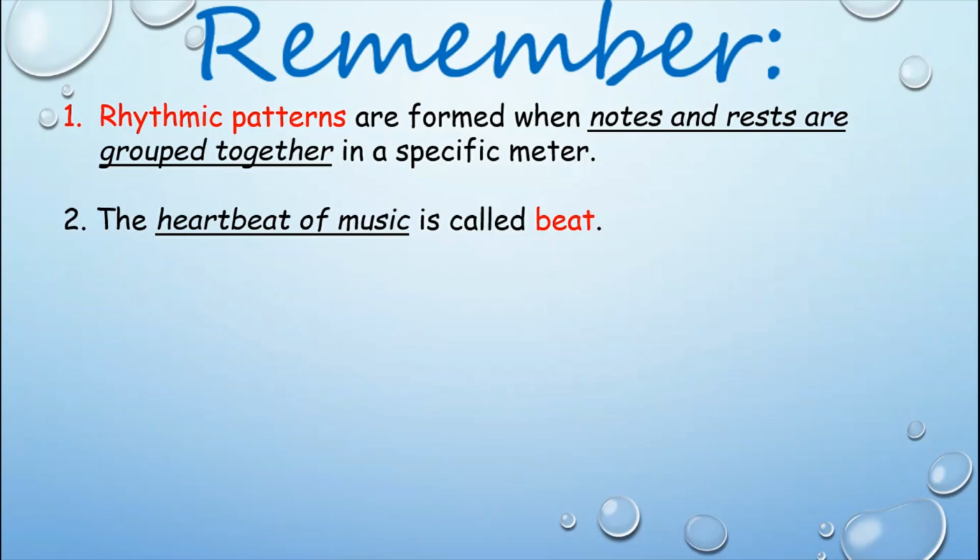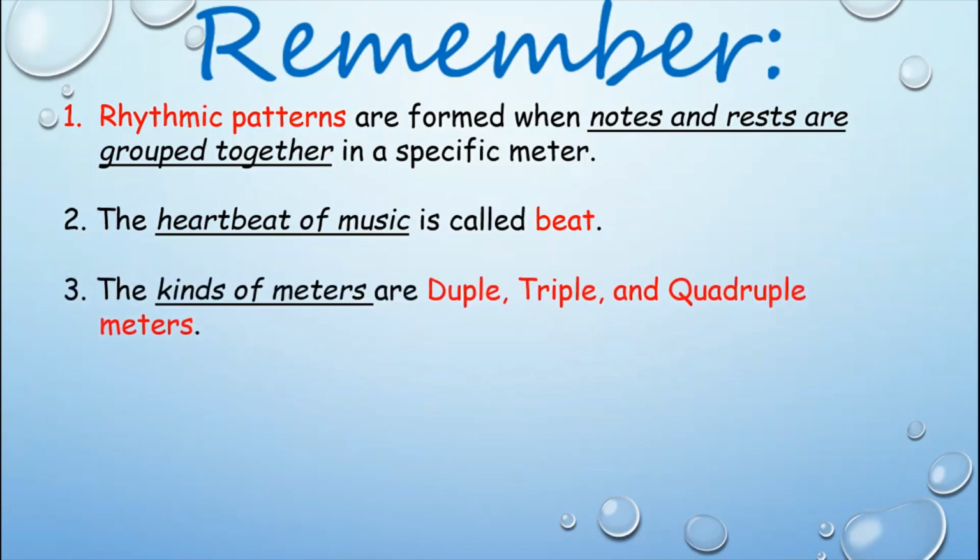Ito yung counting. 1, 2, 3, 4. Para siyang pulse or heartbeat natin. So, a beat is the heartbeat of music. Number 3, the kinds of meters are double, triple, and quadruple meters. When we say double meter, it has 2 beats, triple, 3 beats, and quadruple has 4 beats.